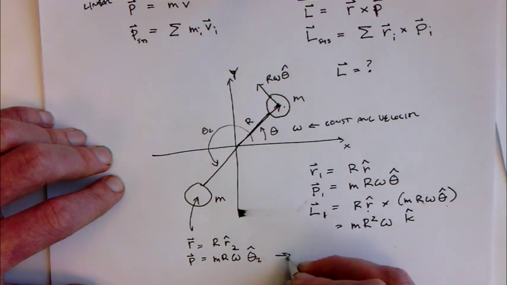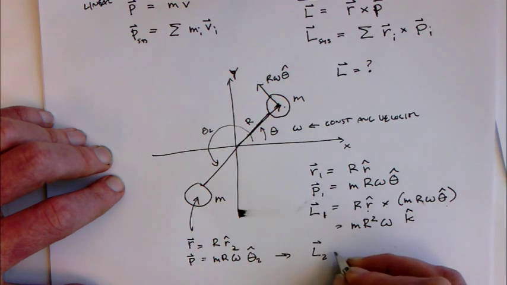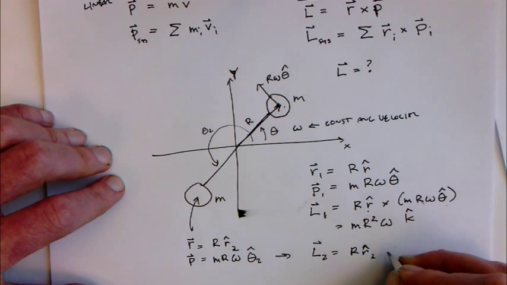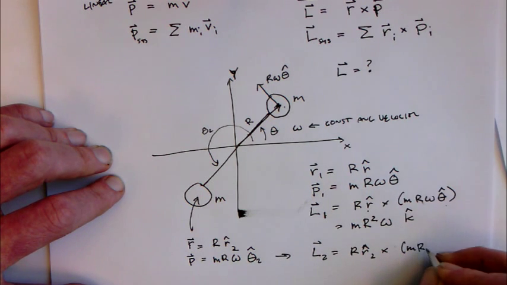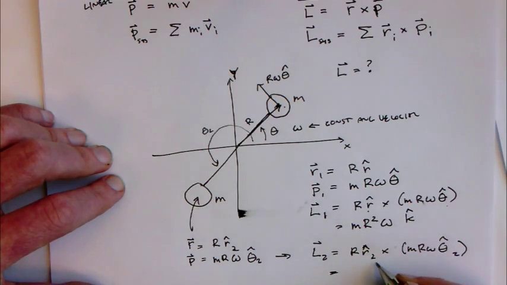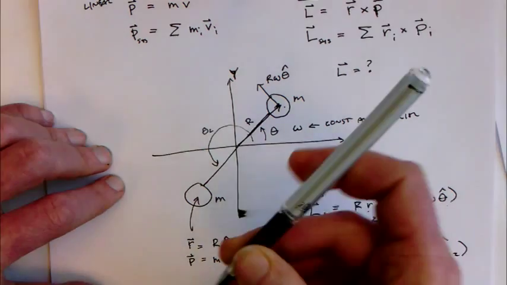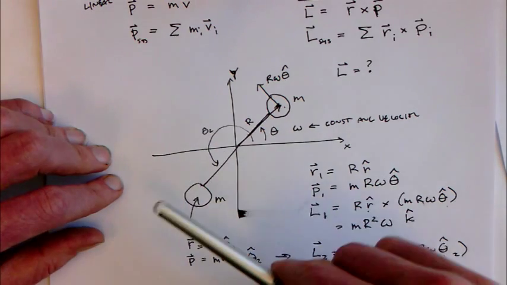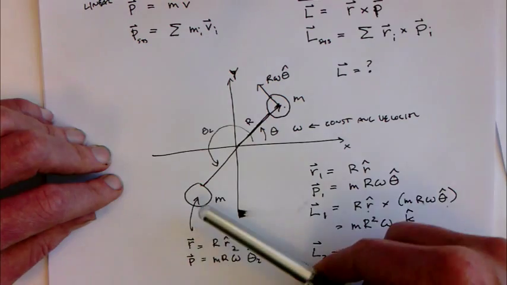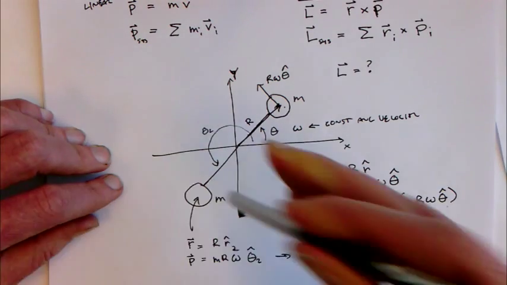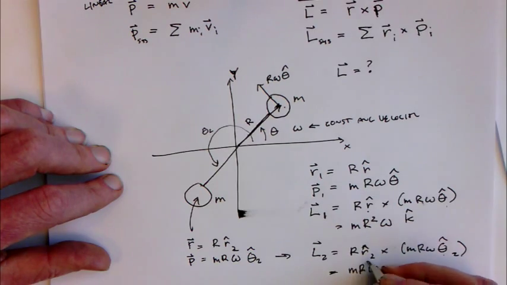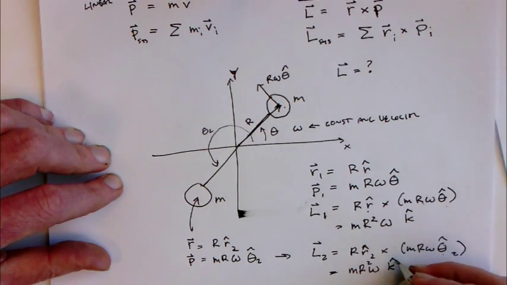And so L2 will be r times r2 hat crossed with m r omega times theta 2 hat. Well, let's see, what's r2 hat cross theta 2 hat? Well, r2 hat is in this direction. Theta 2 hat is in that direction. This crossed into this is coming out of the page again. So that also is going to be m times r squared times omega in the k hat direction.